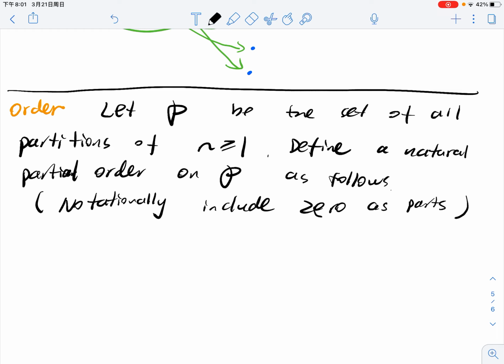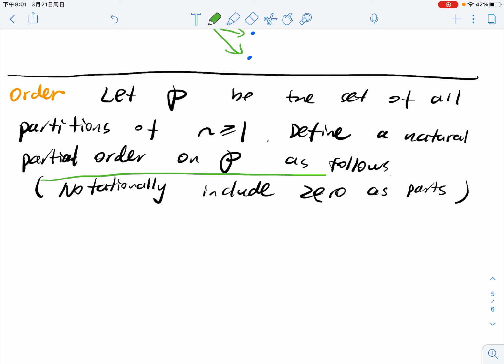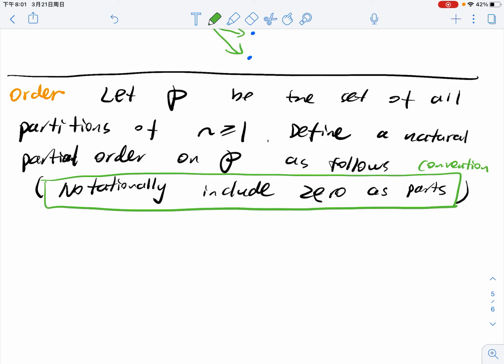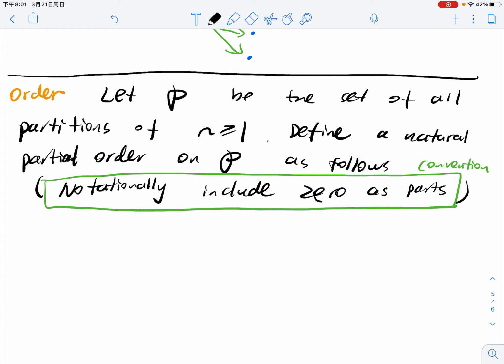Otherwise, it's tedious. You need to say, okay, if you have 0 parts, whatever. I just want to say this is just for technical reasons. It's not necessary. If you don't like it, you can use a little more tedious way to state the result.